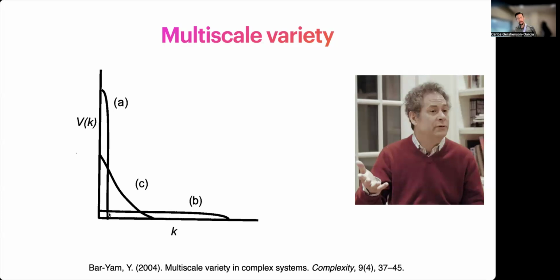Curve B would be more like a ballistic system. It could be something like a cubic meter of a comet. And this would require little information at the low scale because there's correlation between the molecules in the sense that they are moving through the solar system together.